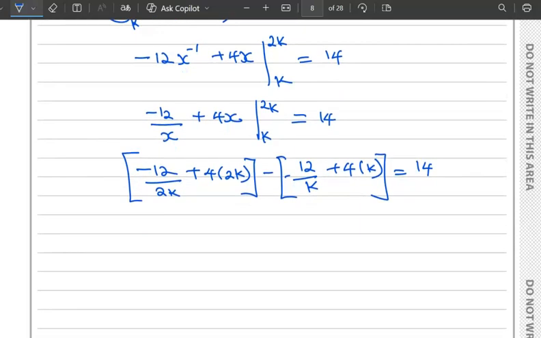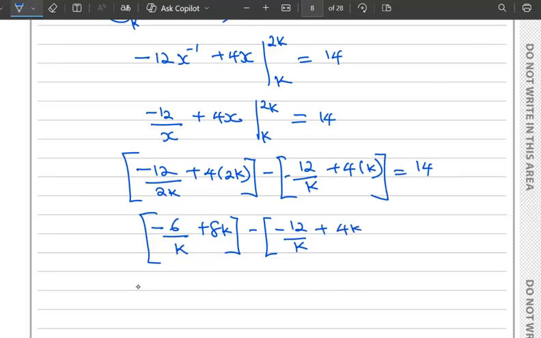Then simplifying further, we will have negative 6 over k plus 8k, of course the first bracket, minus negative 12 over k plus 4k, and this equals 14.